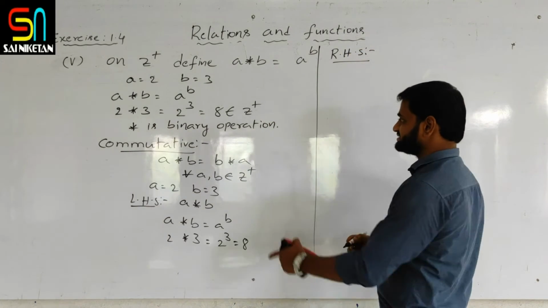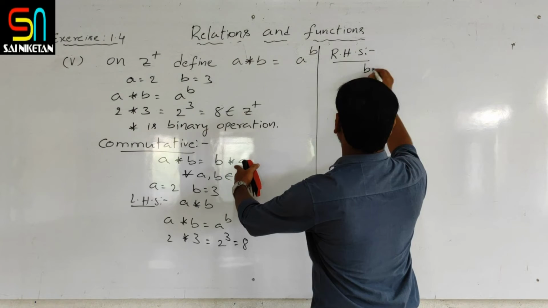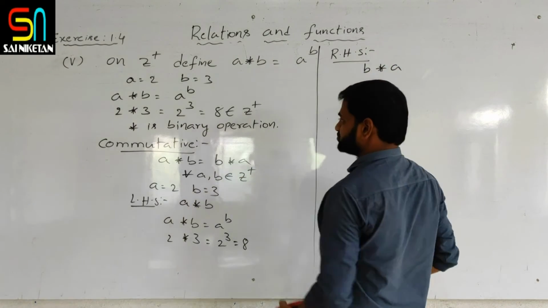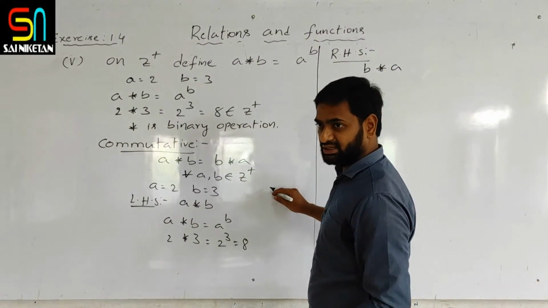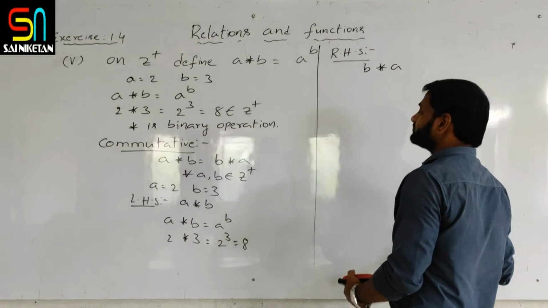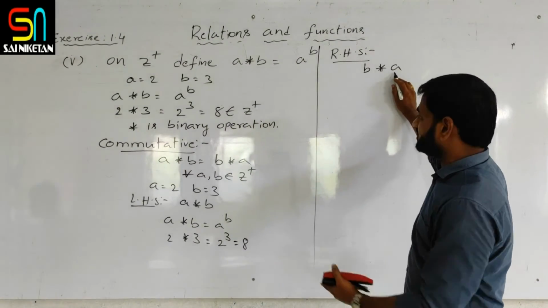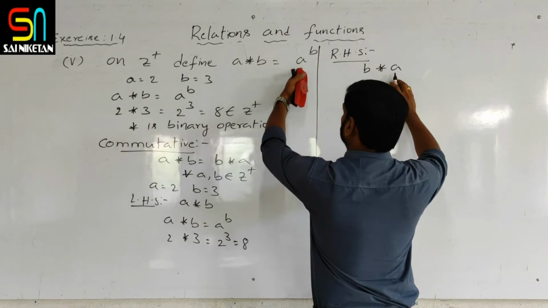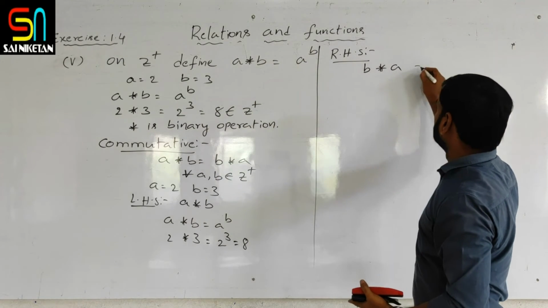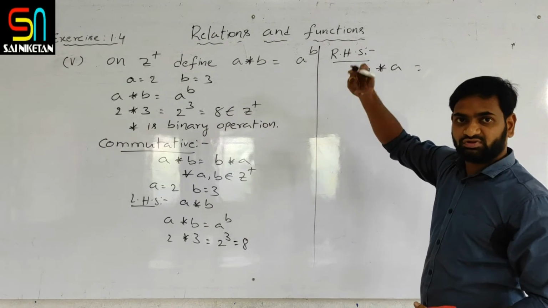Now I am checking the RHS. The RHS is B star A. A star B is A power B, so for B star A the terms will be reversed.